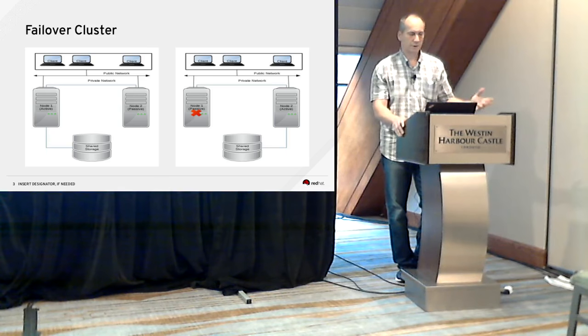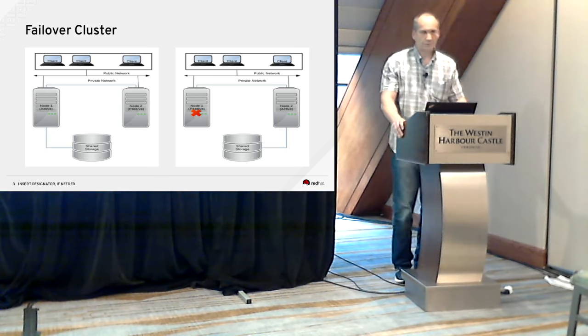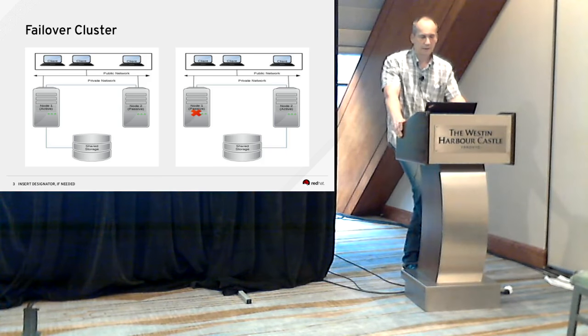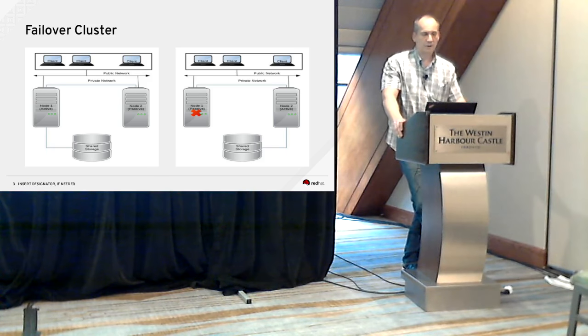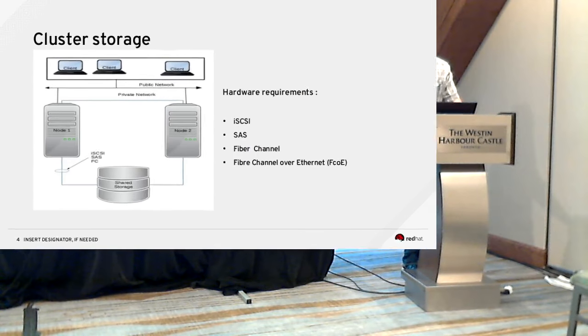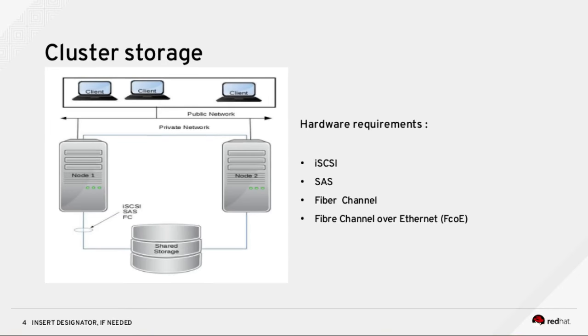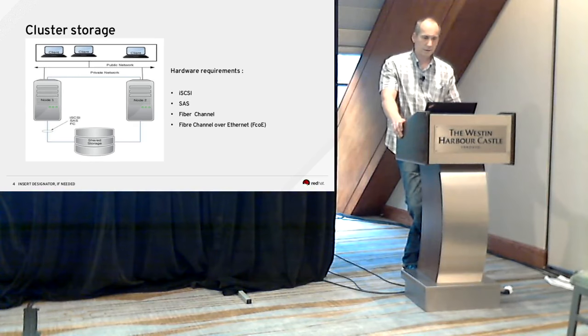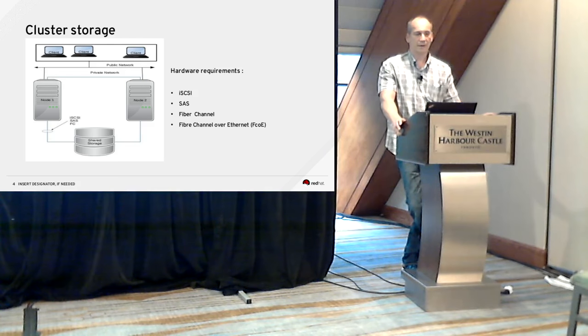And there's another question, about how we connect shared storage to those nodes in the cluster. Microsoft supports several solutions. One of them is iSCSI, another one is serial SCSI, SAS, and another one is fiber channel. There are several variations, for example fiber channel over Ethernet.